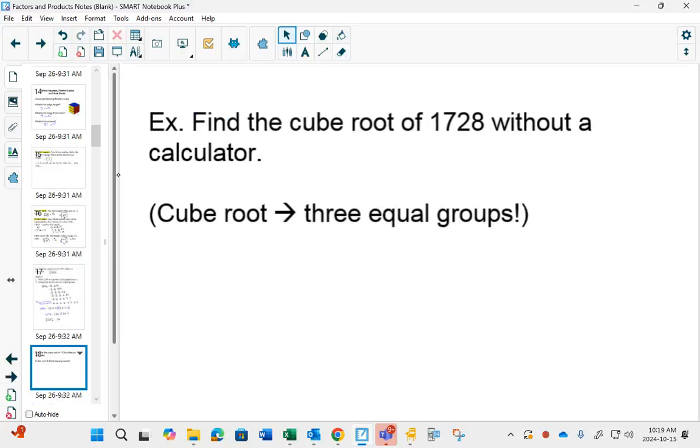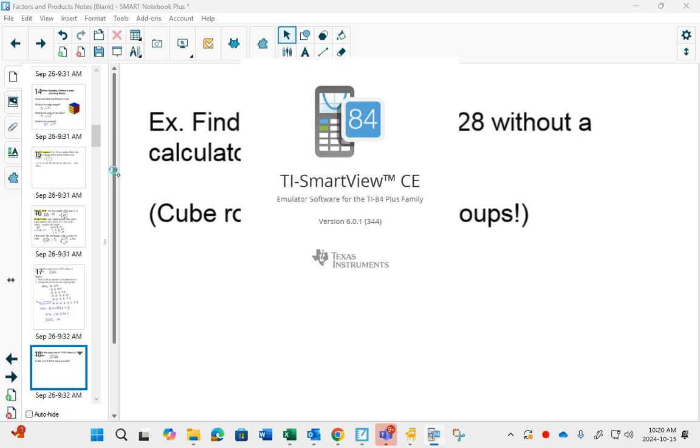And we can use this same strategy to find a cube root without our calculator. Again, if you have a calculator, you would just type this in. The cube root. For those of you with a graphing calculator, if this is new for you, I'll quickly show you where the square root and the cube root are on the graphing calculator.